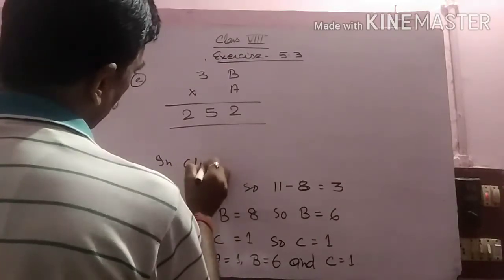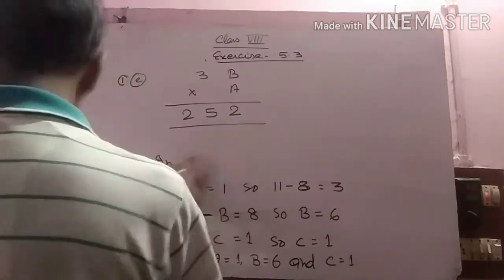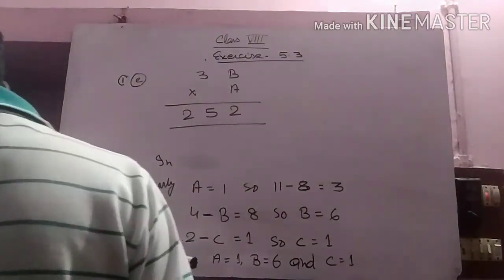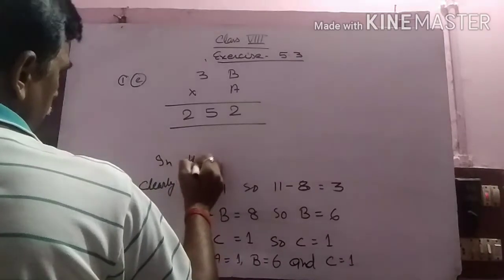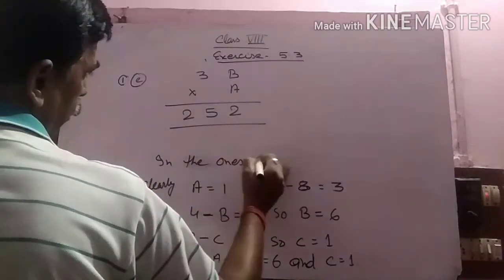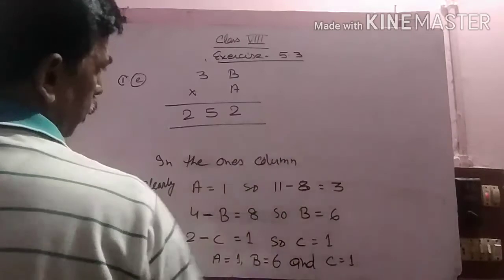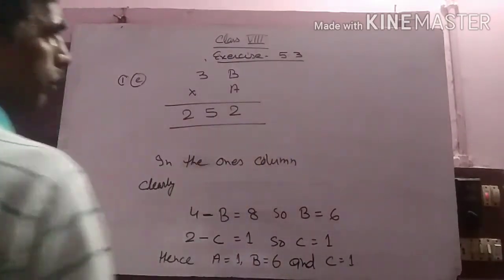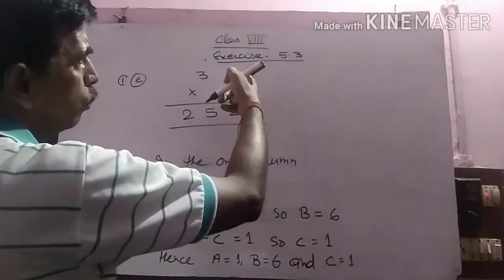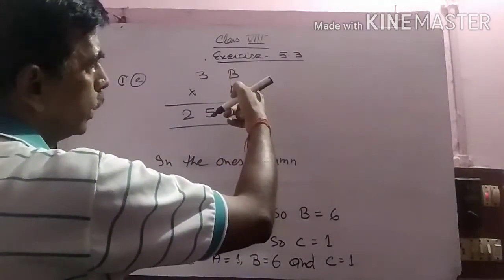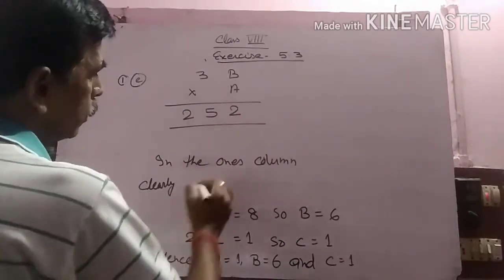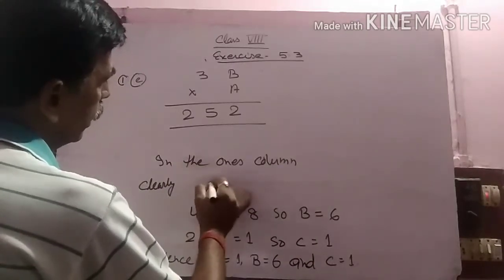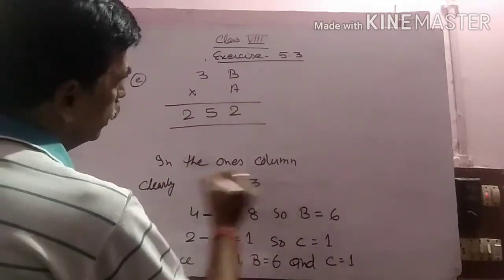In case of multiplying, you can write like this, in the ones column. Look here, what becomes 12? Suppose A is equal to 4 and B is equal to 3, then it becomes 12.